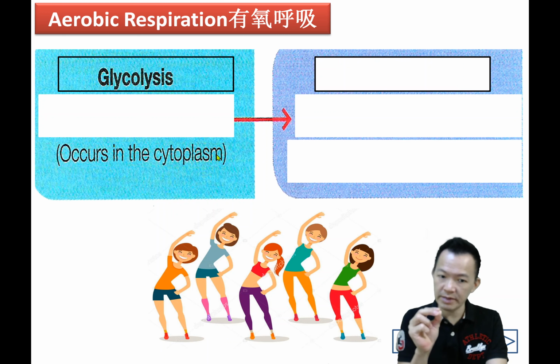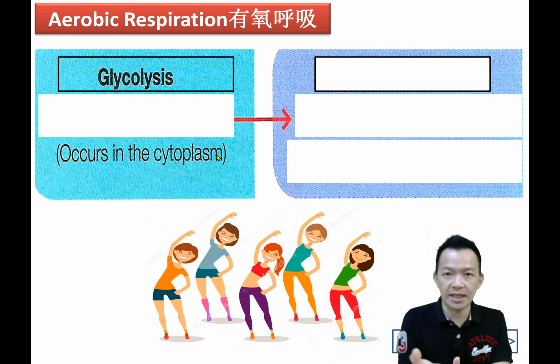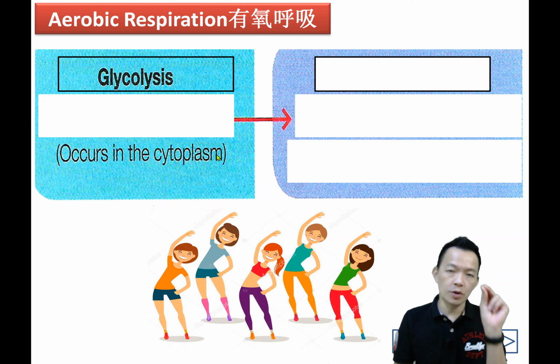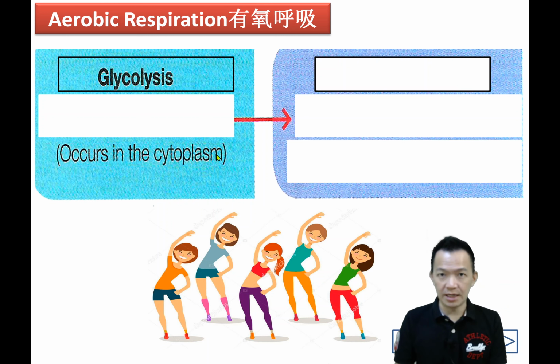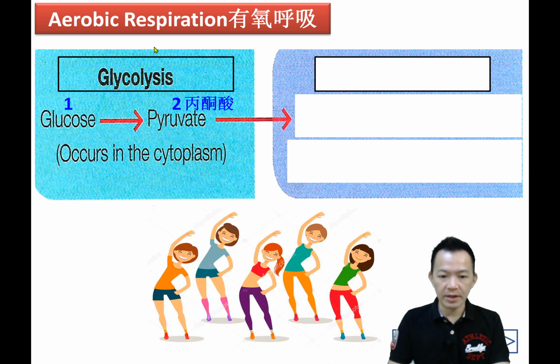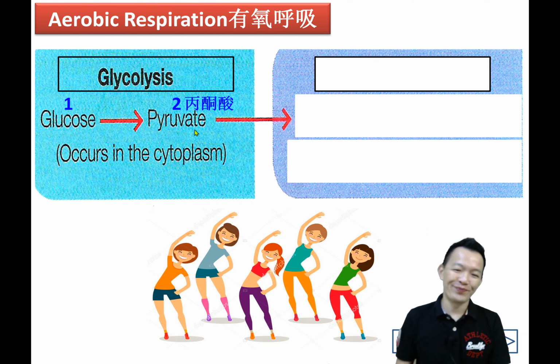So the glucose molecule is going to be broken down. One glucose molecule will be broken down into what? Into two pyruvate molecules.